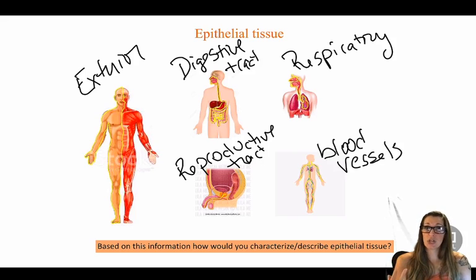The respiratory tract brings in oxygen, nitrogen, things from the external environment. Epithelial cells are separating that. The reproductive tract, mostly things are coming from the internal environment to the external environment, but in both the male and female reproductive tract, there are openings to the external environment. Our blood vessels aren't open to the external environment, hopefully, most of the time, but they do carry all the things that come from the external environment.